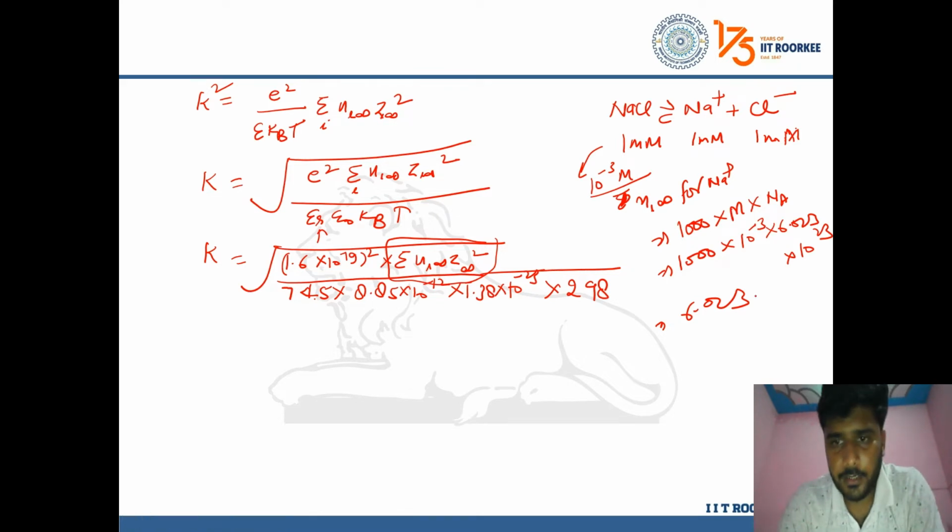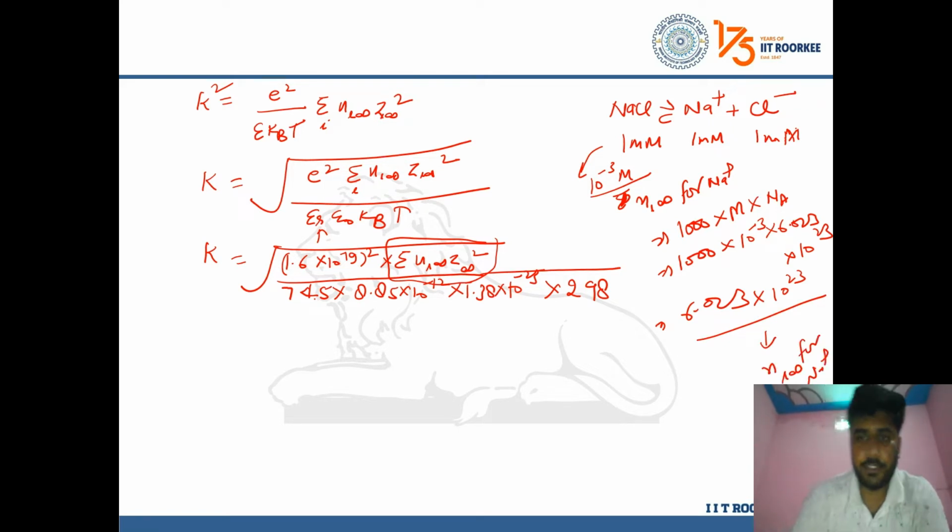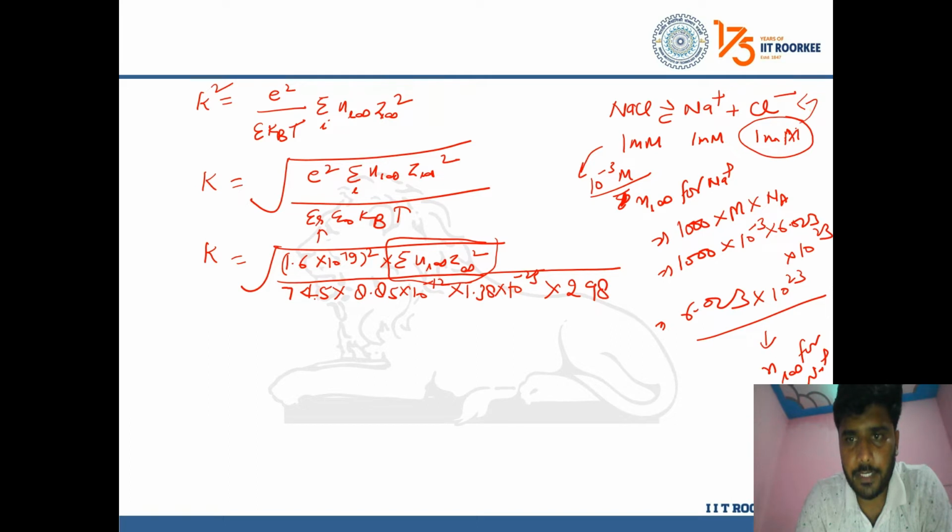So you will get this value for Na positive. Similarly you have the same concentration for chloride ions, and you will get the same value for chloride ions as it is for the sodium ions.